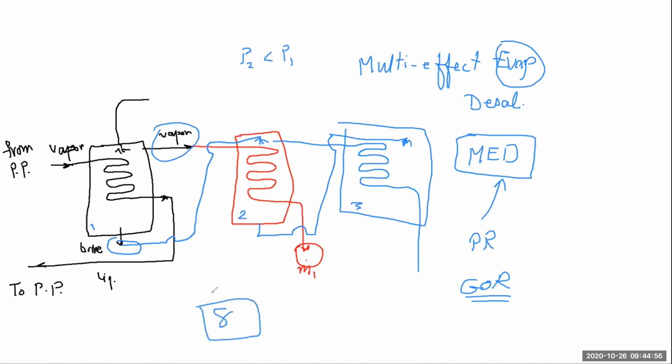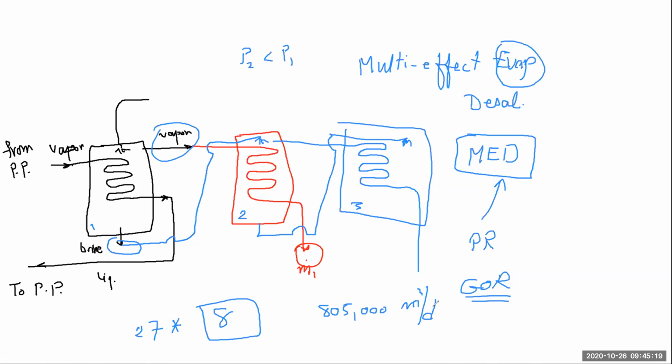So the ones in Jubail are 27 units, each unit made up of 8 effects, and they are producing 805,000 cubic meters per day. So this is the productivity, and it is quite an efficient unit.